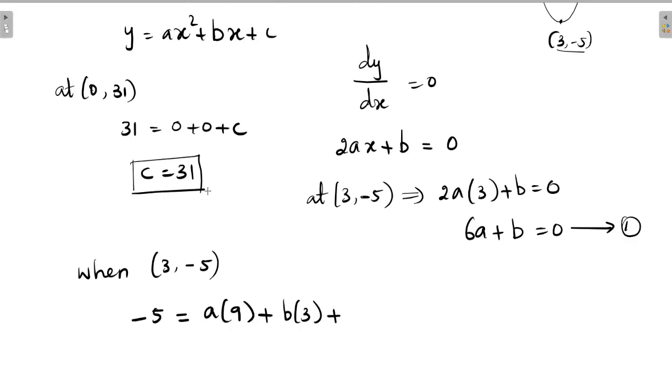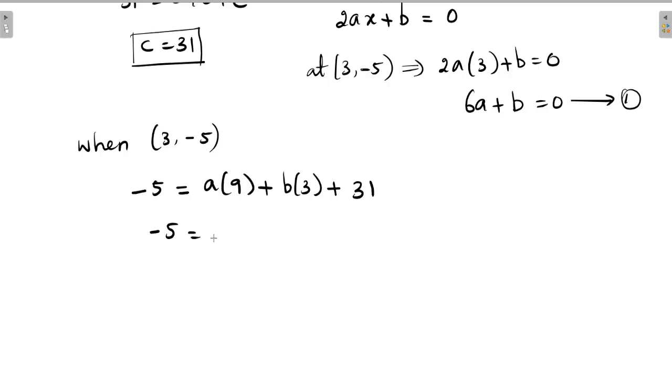We already found c value is 31. So minus 5 is equal to 9a plus 3b plus 31. So 9a plus 3b plus 31 minus 5, that is plus 36, is equal to 0.